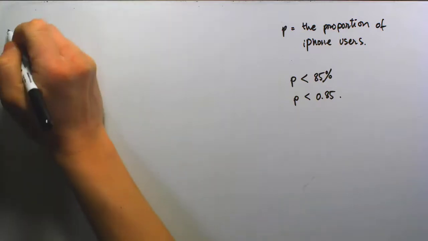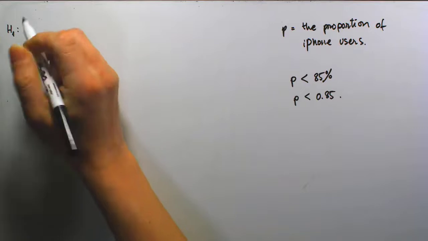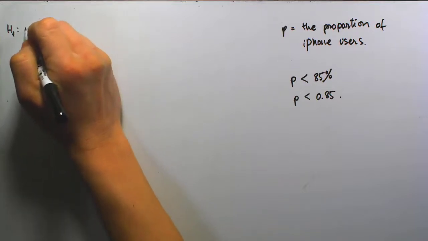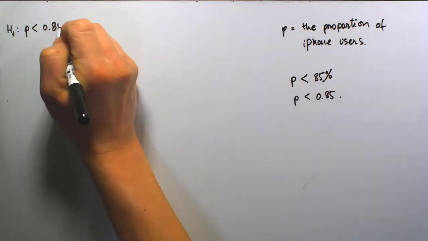So now I have H1 successfully nailed down as a statement saying we want to prove that P is less than 0.85.